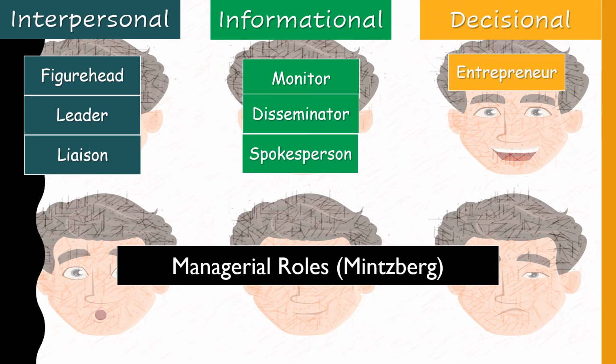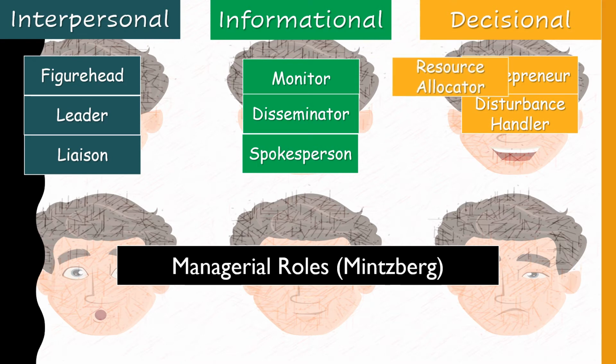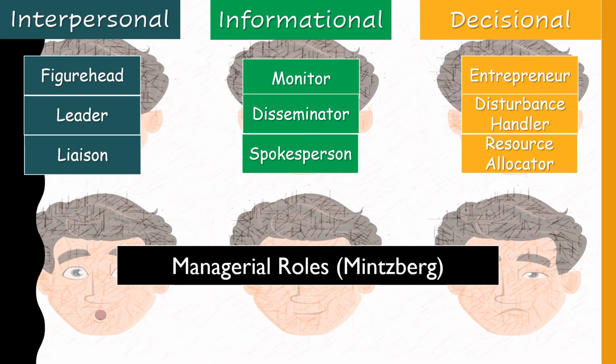In the decisional area, a manager will have to behave like an entrepreneur, a disturbance handler, a resource allocator, which I think is quite familiar to you, as well as a negotiator for the company. So as you can see, there are three main big roles: interpersonal, informational, and decisional. And Mintzberg has broken down each category into smaller roles, which comes up to about 10 sub roles of a manager under Mintzberg's identification.